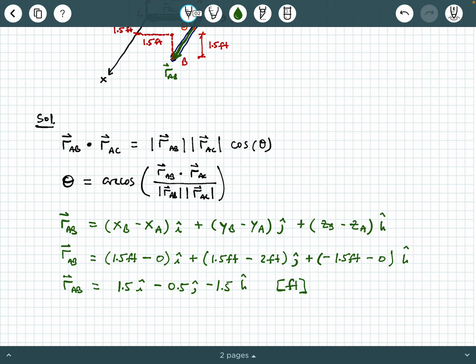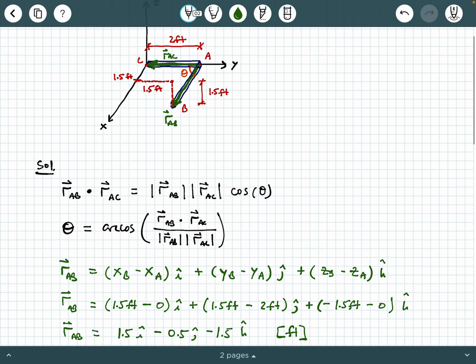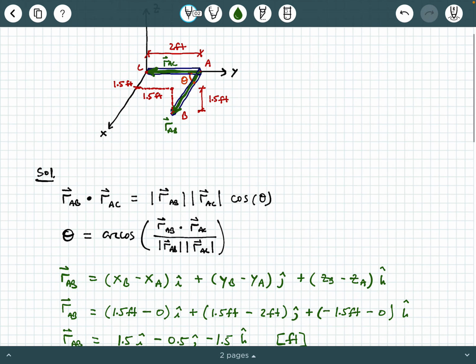Now, similarly, I need R_AC, right? So R_AC is going to be (X_C minus X_A) I plus (Y_C minus Y_A) J plus (Z_C minus Z_A) K. All right? And so what is the X component of point C? Well, that's just 0. In fact, point C is at the origin, so all of its coordinates are 0.